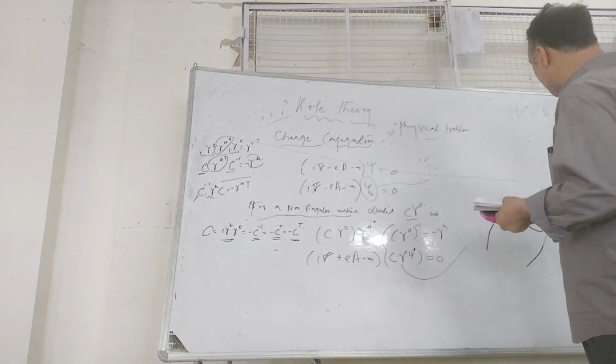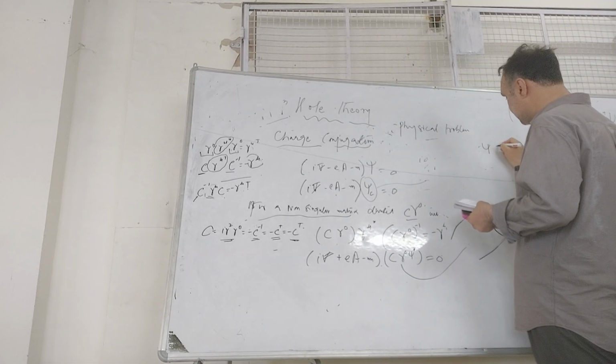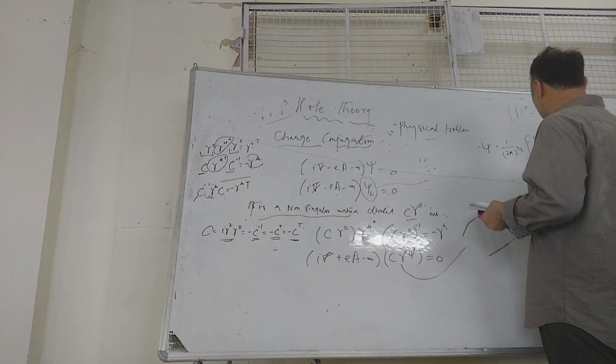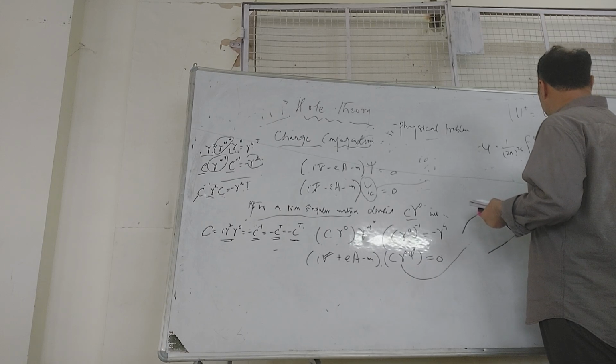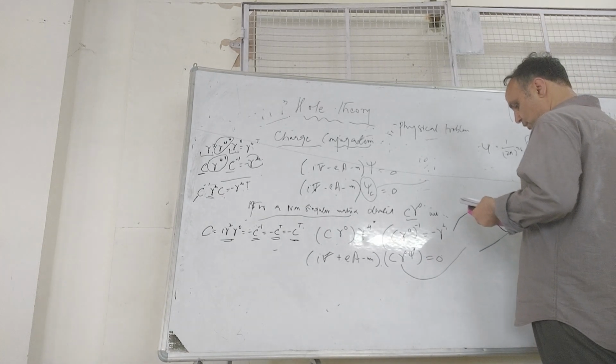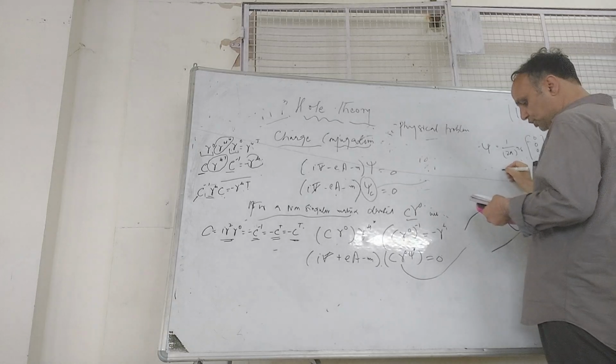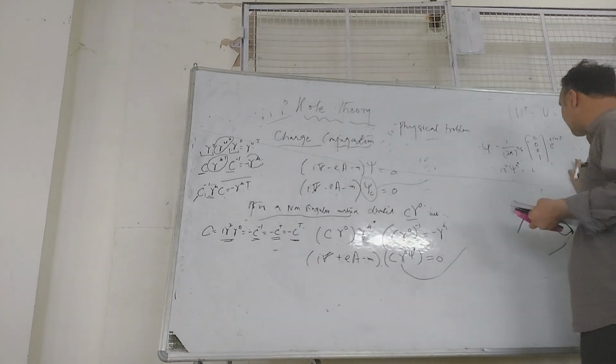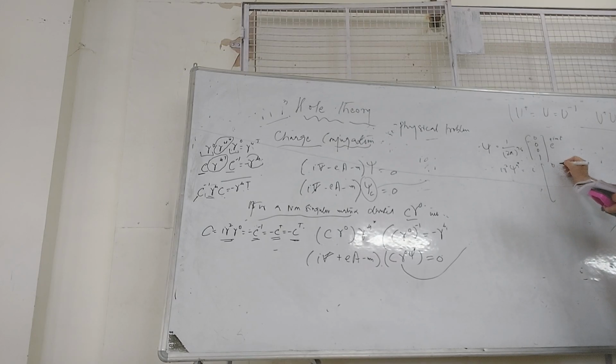So if we have this for psi, the corresponding solutions for psi 4 is as 0 0 0 iota, 0 0 iota 0, 0 iota 0 0, minus iota 0 0 0, 0 0 0 1.